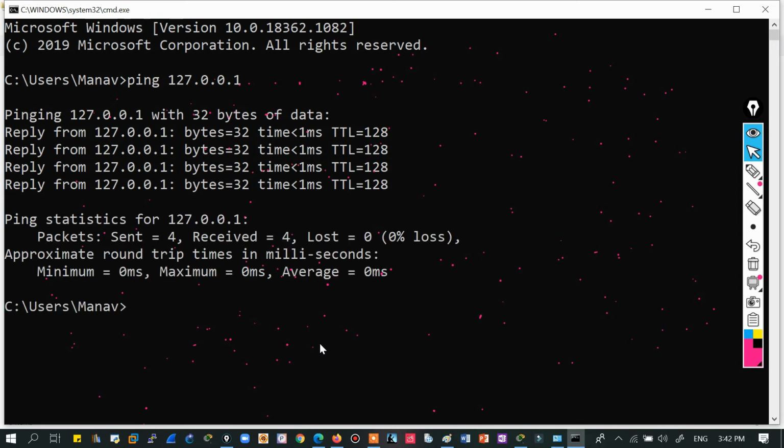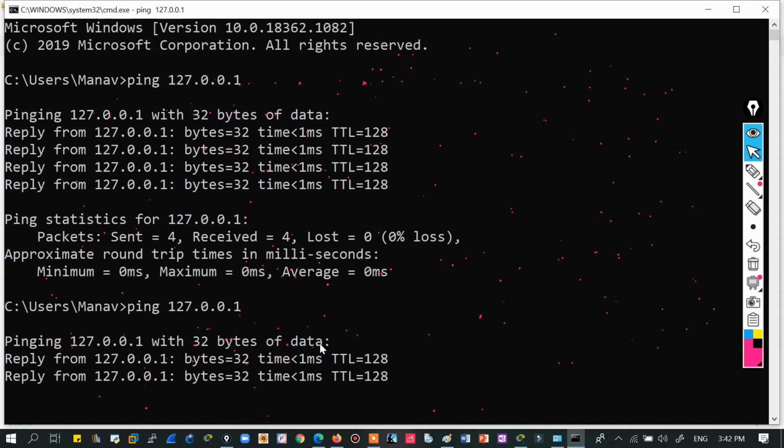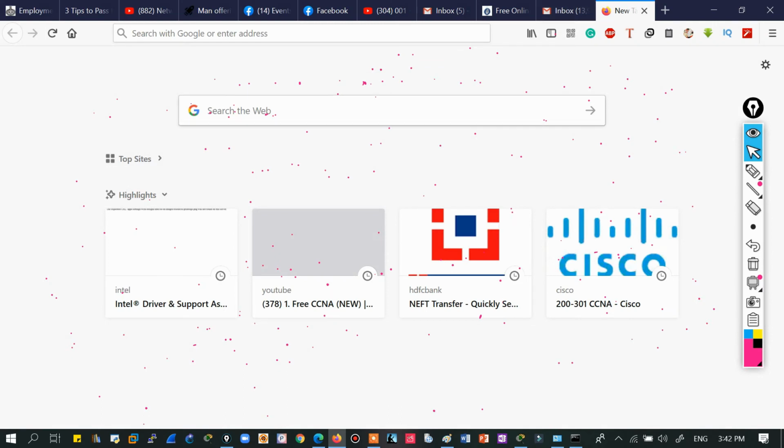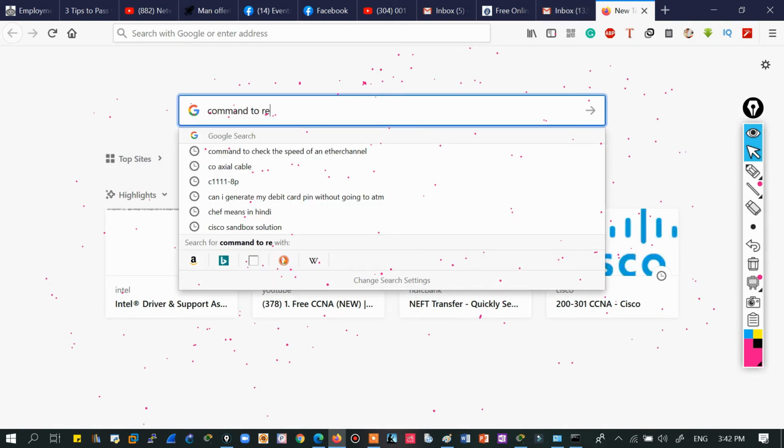IP can be configured properly. If there is no reply, which is very rare, then you need to run some netsh commands, Winsock commands, or in short you need to reset your TCP/IP stack. So just Google the command to reset the TCP/IP stack of Windows 10.